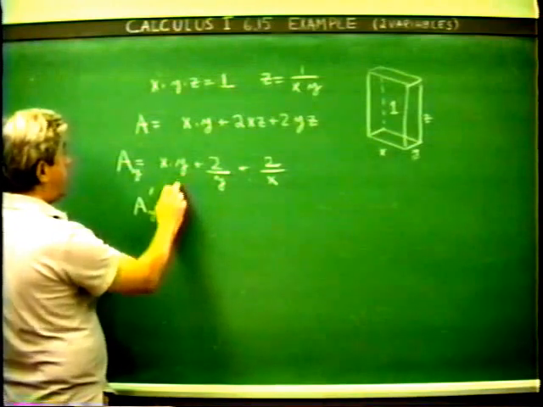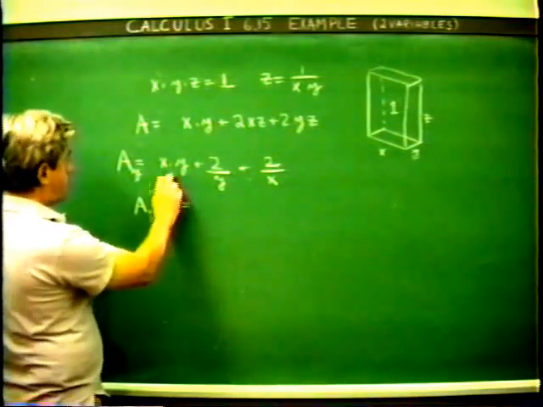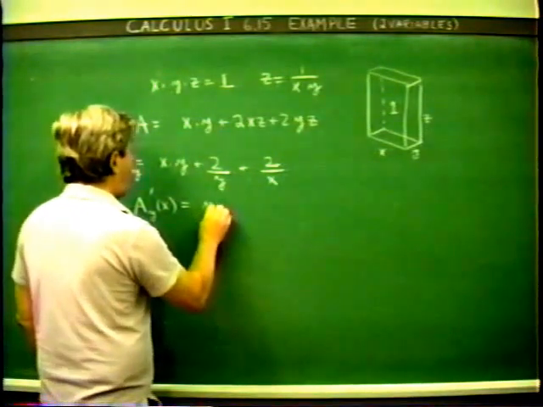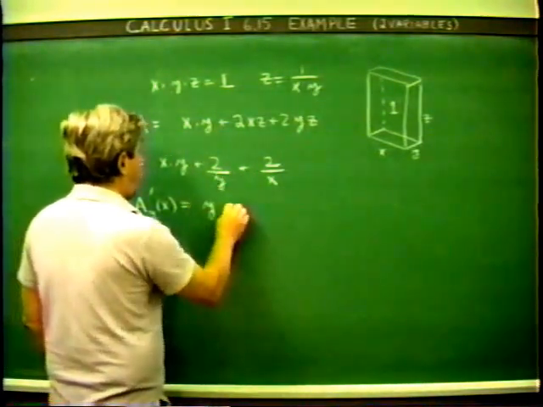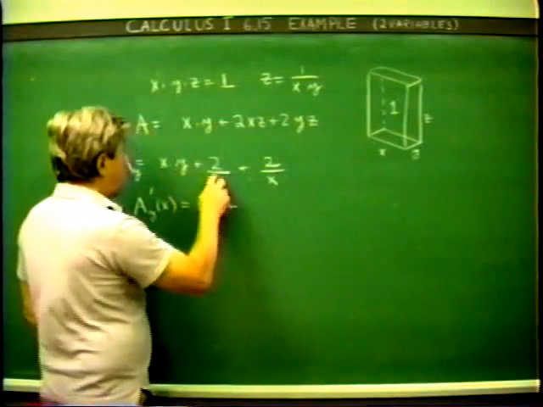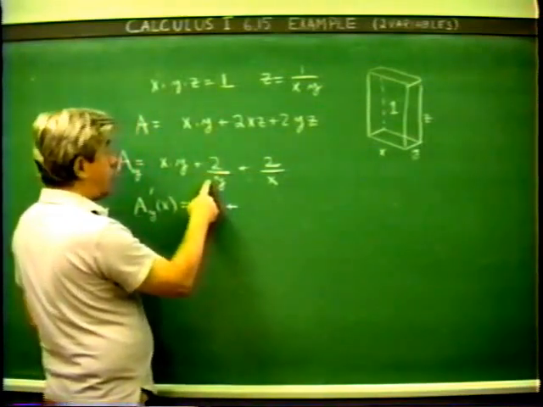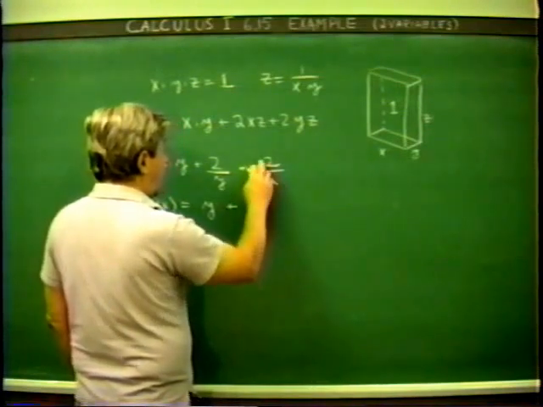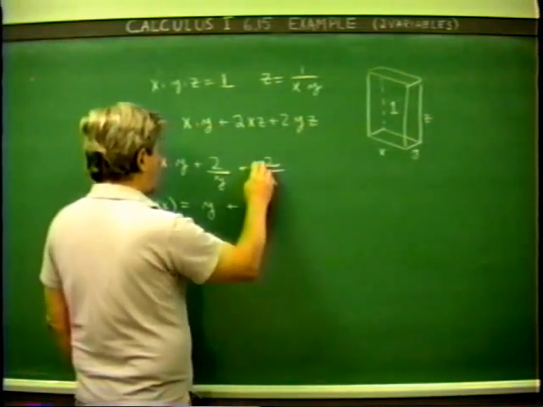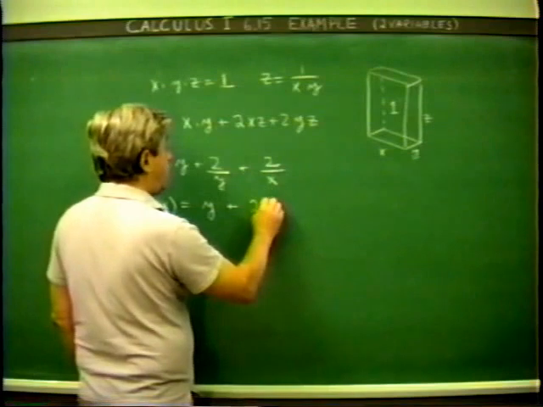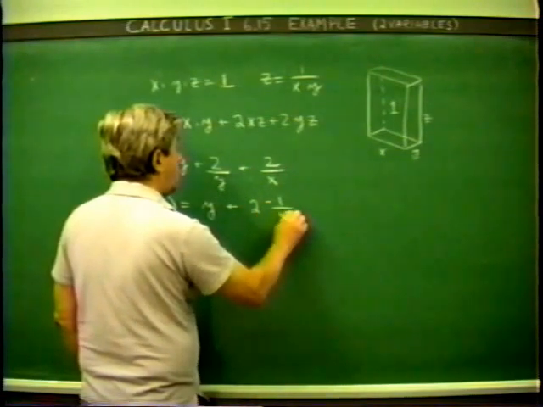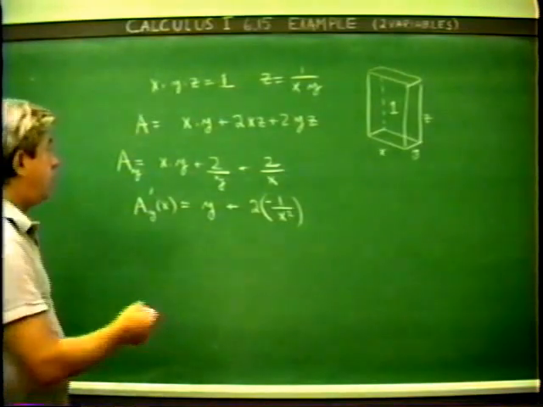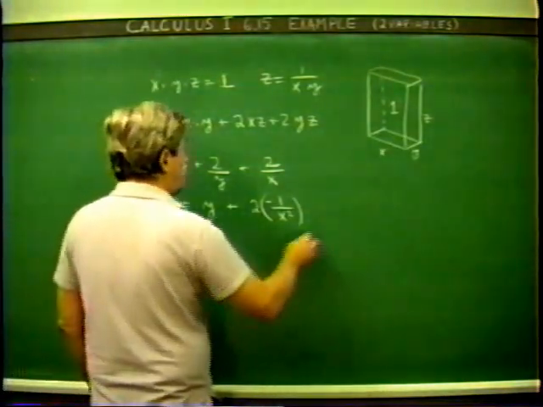So let's fix y, and then let's take the derivative of A sub y of x, treating y as if it were a constant, so that what? This is a constant times x in this case here, and the derivative is y, plus 2 over y. This is a constant if y is fixed, so the derivative of this is 0, plus 2, the derivative of what over x is minus what over x squared.